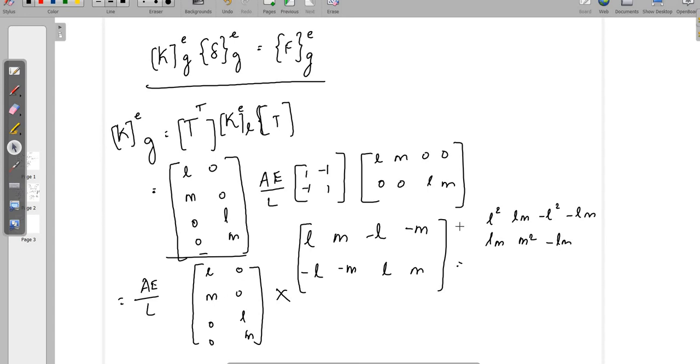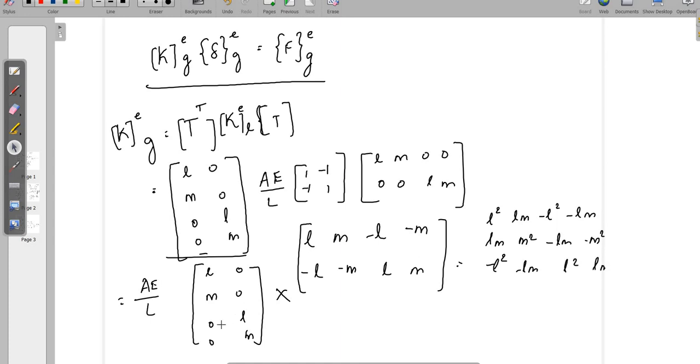M is multiplied with minus M, so minus M square. So the third row, you neglect the first component, you concentrate on the second. You need not worry about the first row because this component is going to multiply with the bottom row. So L is multiplied with minus L, so it is minus L square. Next one minus LM. Next one L square.